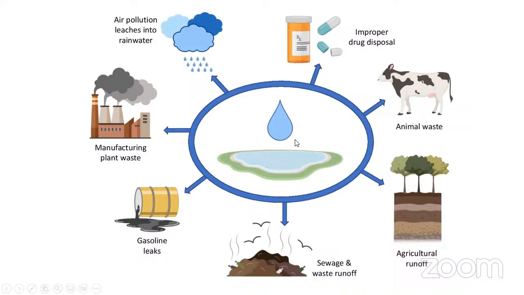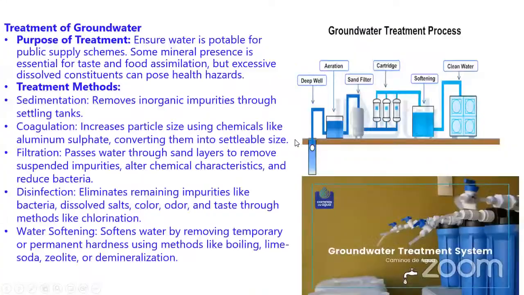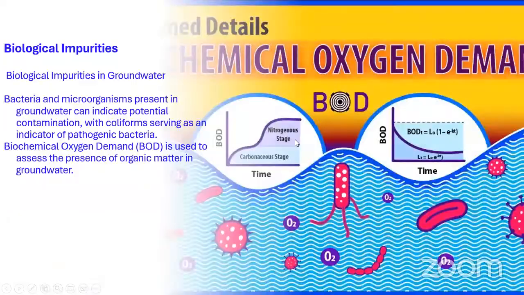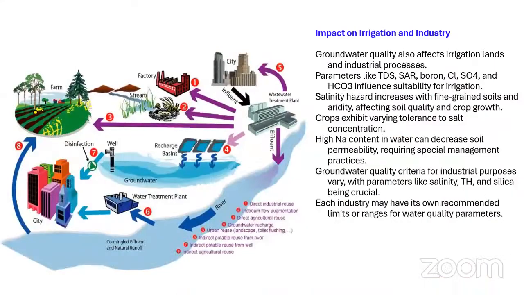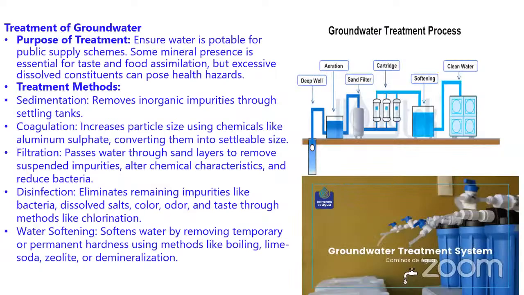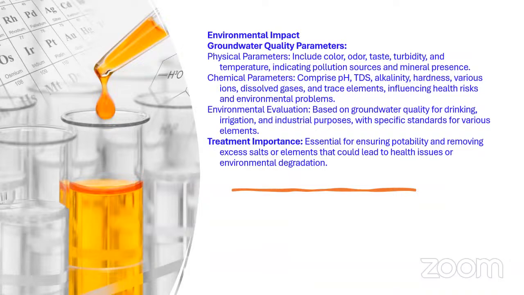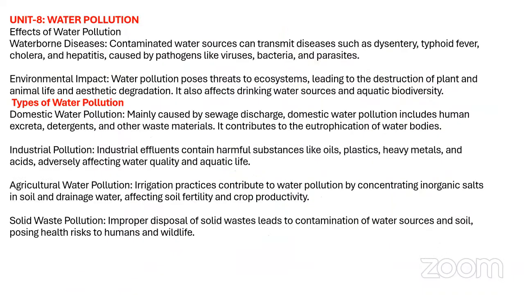In this presentation, previously I covered water quality and its effect on different human organisms, different industries, irrigation and treatment processes, and the environmental impact of groundwater quality. Here I am discussing which pollutants may affect groundwater quality.